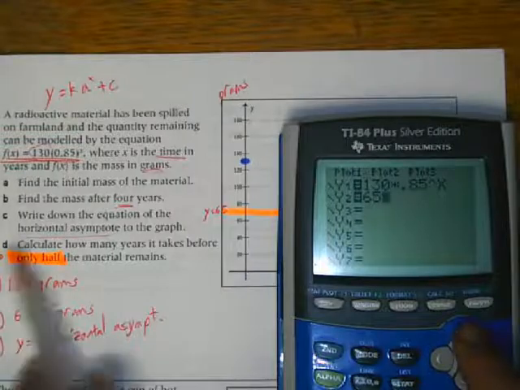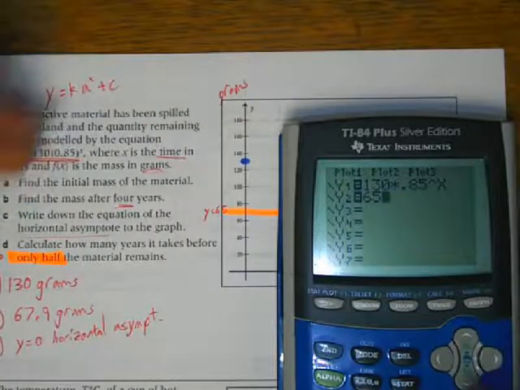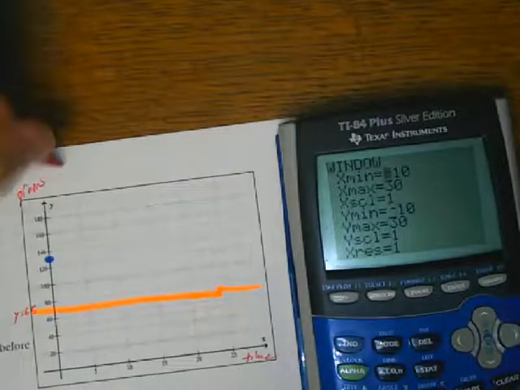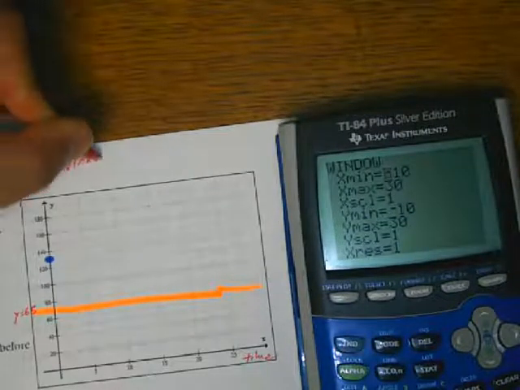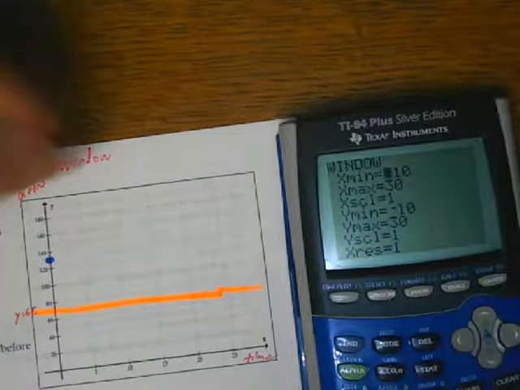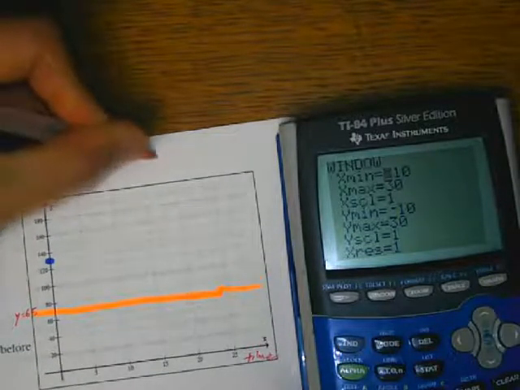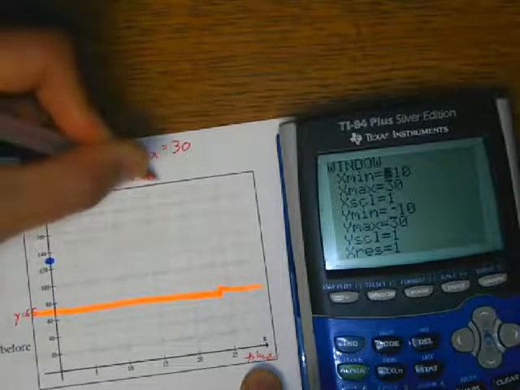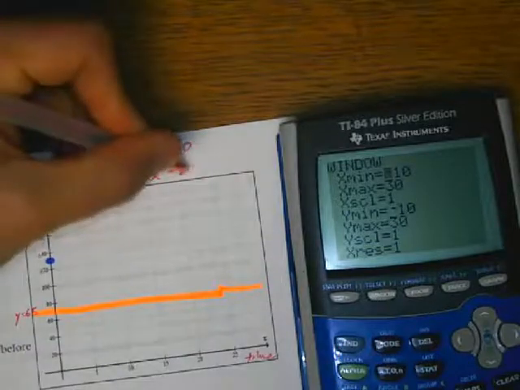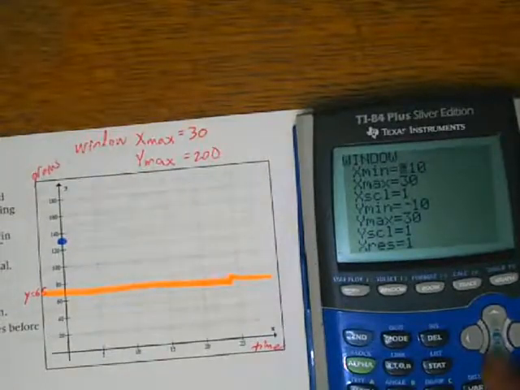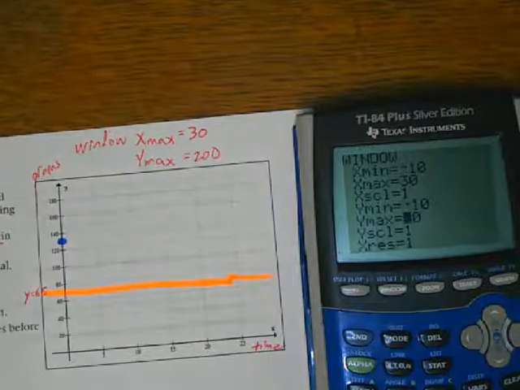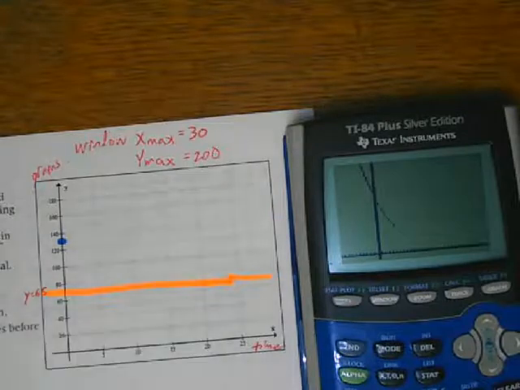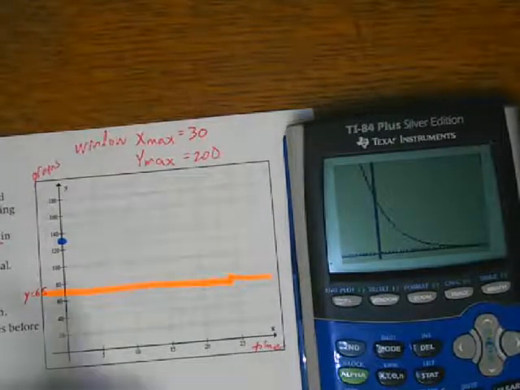And we need to change our x max and y max. So I'm going to hit window. And our x max, I'm going to change to 30. And the y max, I'm going to change to 200. Alright, and so now I can graph it, and we'll see our graph. And notice it looks like decay.